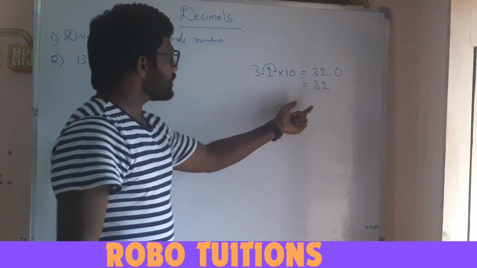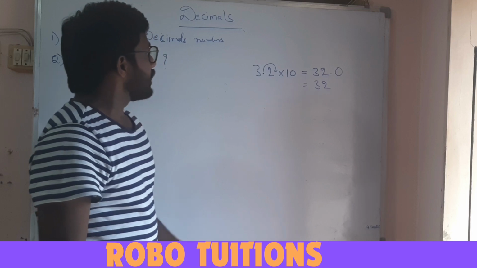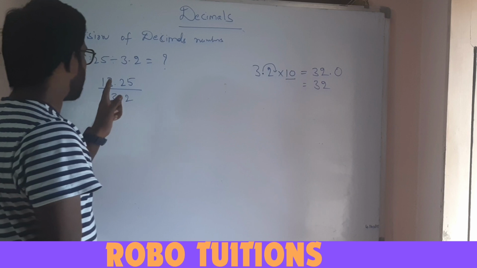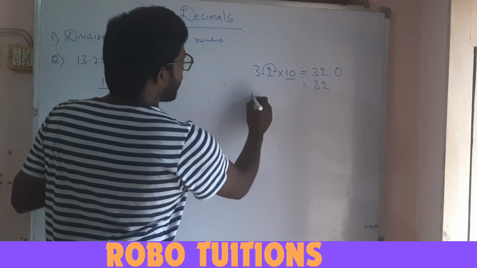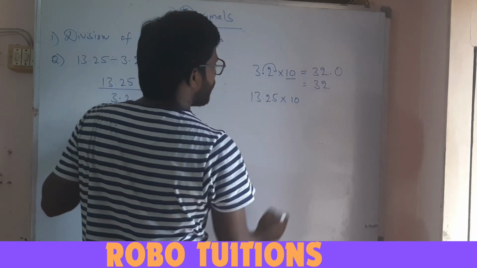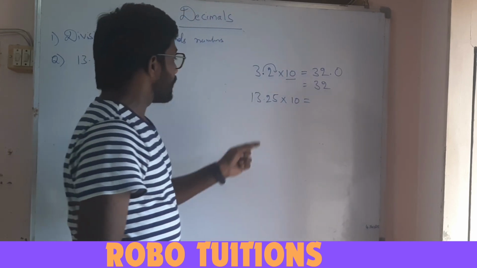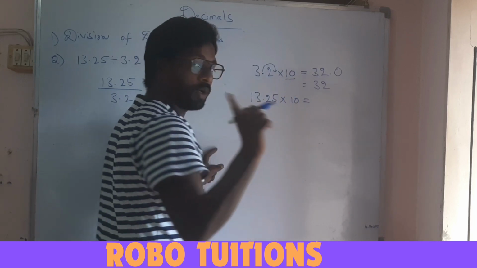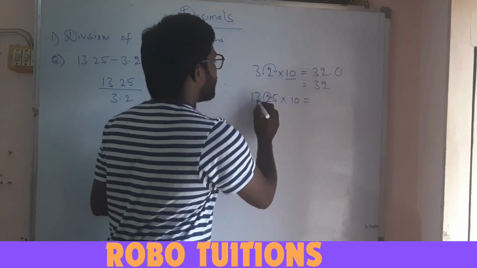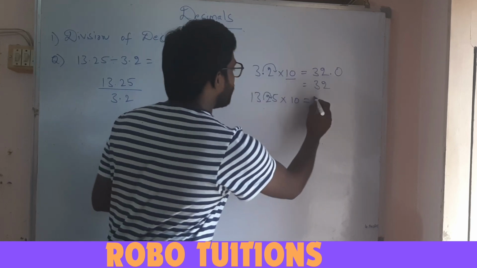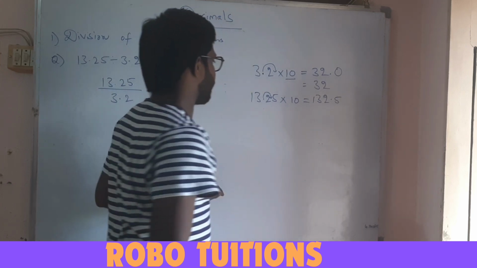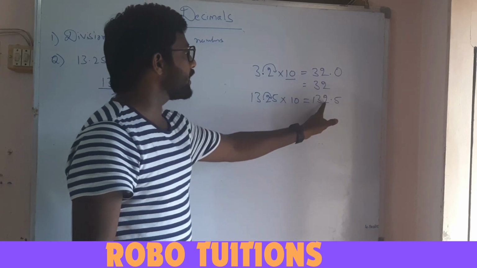So the decimal is removed here. Take the same number 10 and multiply the numerator also with 10. So 13.25 times 10 equals how much? The decimal point takes one jump to the right, from 13.25 to 132.5. So the final answer is 132.5.